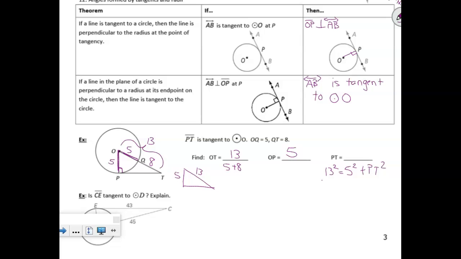We get 169 equals 25 plus PT squared. Subtract from both sides, we get 144 equals PT squared. Taking the square root of both sides, PT equals 12. And it's actually a Pythagorean triple.